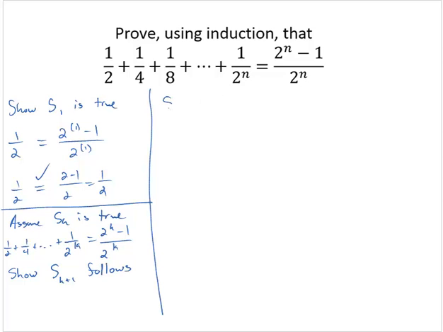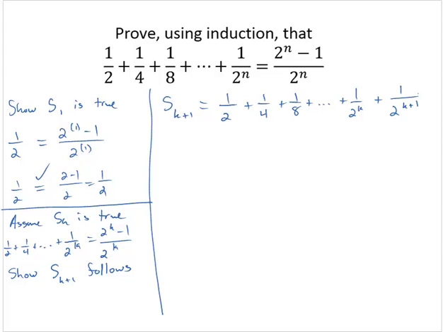Alright, so s sub k plus 1 would be 1/2 plus 1/4 plus 1/8 plus up through 1 over 2 to the k, and then we would have the 1 over 2 to the k plus 1 term.